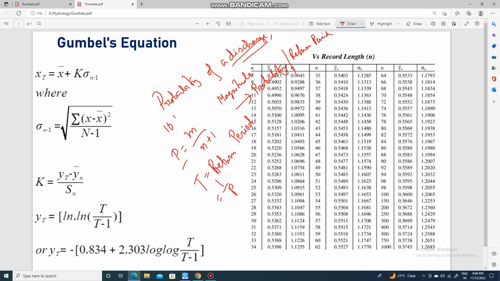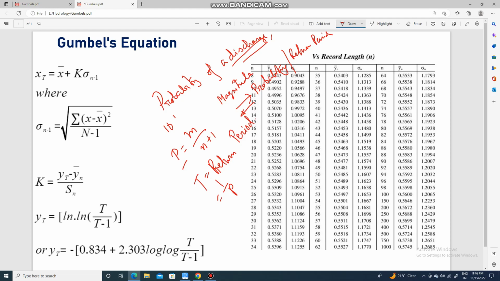But now we will study how to reverse this. That means we have the probability or the return period, and we want to find the magnitude corresponding to that return period.